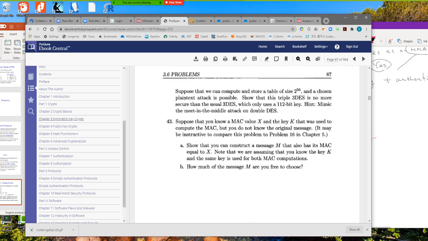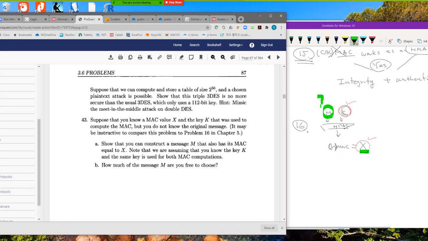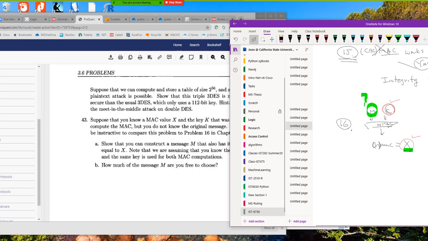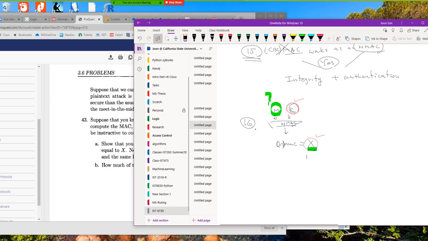Suppose that you know the MAC. For both CBC MAC and HMAC, the idea is the same. This is the HMAC, and even for the CBC MAC, basically this is a black box.